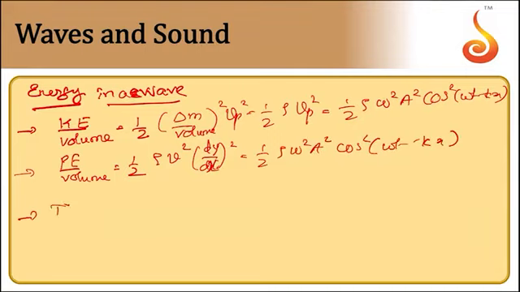And the total energy per unit volume, which is the sum of these two, is half rho omega square a square cos square (omega t minus kx), and if you add them we get that half and half add up, giving us rho omega square a square cos square (omega t minus kx).